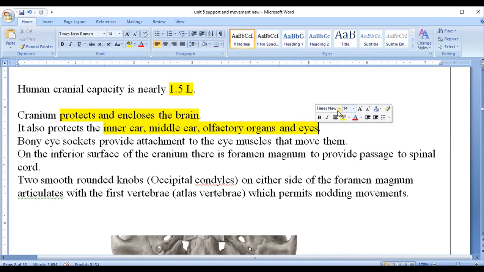In the eye orbits, the eyes are protected. The eye orbit is made with the contribution of many bones.